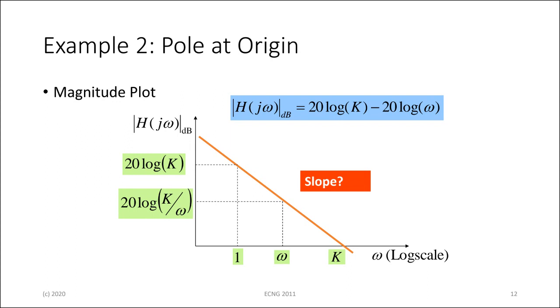And on top of that, to make things a bit compact, we plot the x-axis on a log scale, so that we're able to compress a fairly wide frequency range into an average page in a diagram.